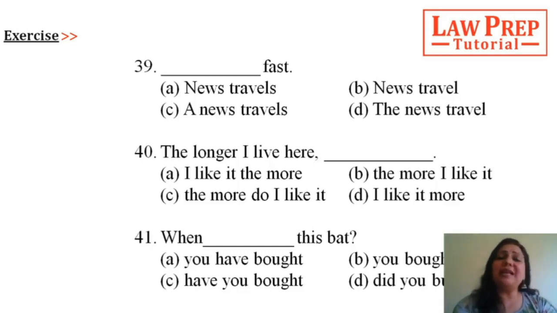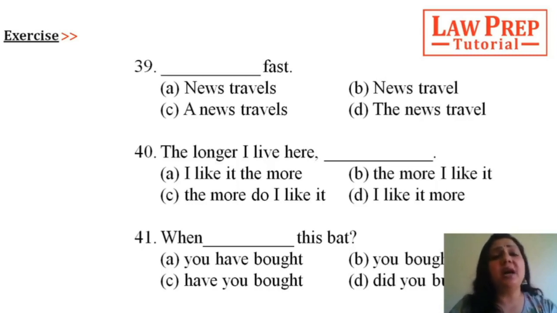I'm talking of the CLAT 8 paper, question number 37. Please note, when CLAT started with their first paper, the question which came was, the more you use the electricity, the higher your bill is. The more, the plus A2. The electricity, the higher your bill is.